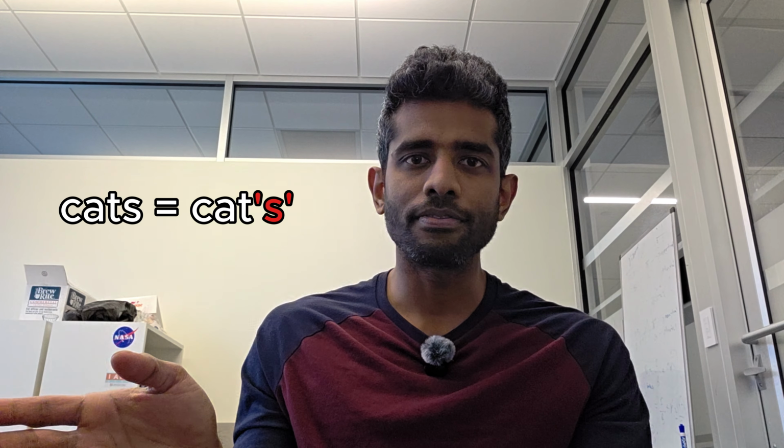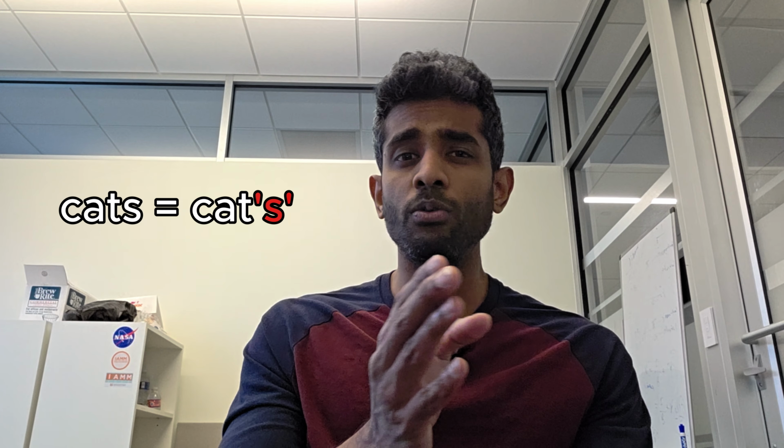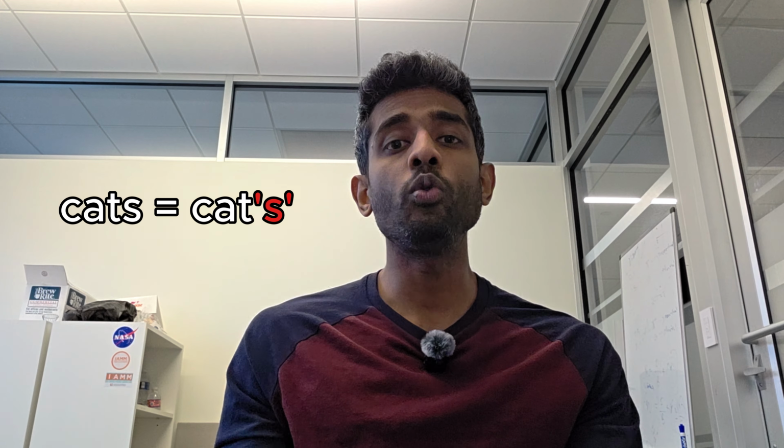It's cats. So the rule there is that only when you add an S to make a word go from singular to plural, for a voiced consonant like G is a voiced consonant, so dog ends with a G, and you add an S to make it go from singular to plural, it becomes dogs.